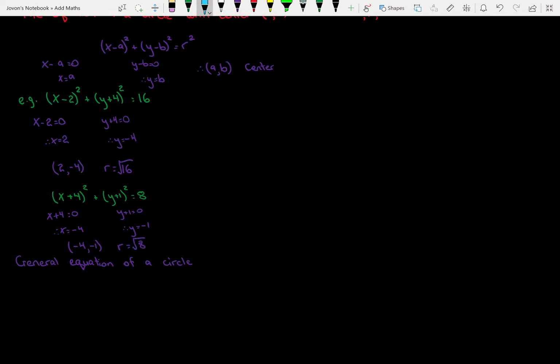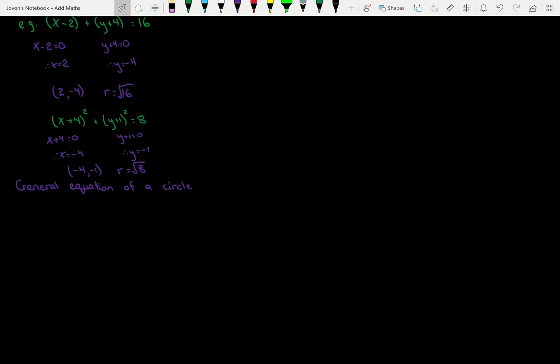Now we have the general equation of a circle. So if we have x minus A all squared plus y minus B all squared is equal to r squared, this is one of the equations. If you want to find the general equation, what we do is we expand this.